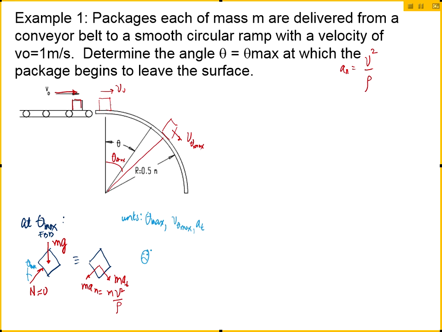Correct, but it's only after it has lost contact that N is no longer acting. From the initial position to right before theta max, gravity is not the only force acting. The normal force is also acting, and it is changing.